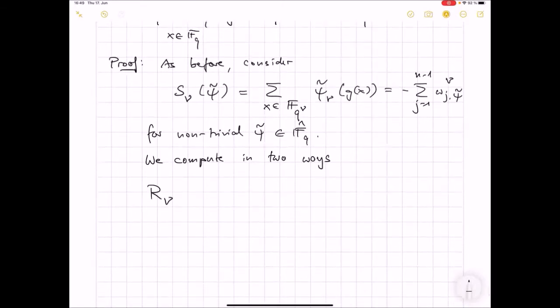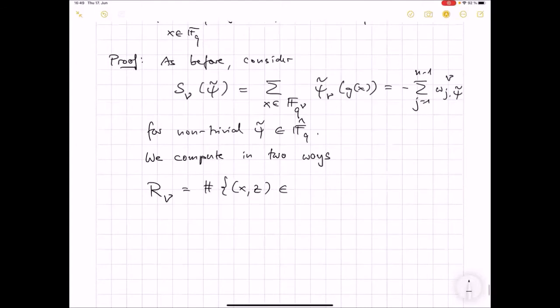The quantity R_nu is the cardinality of all pairs (x, z) in (F_q^nu) squared such that z to the q minus z minus g(x) equals 0.